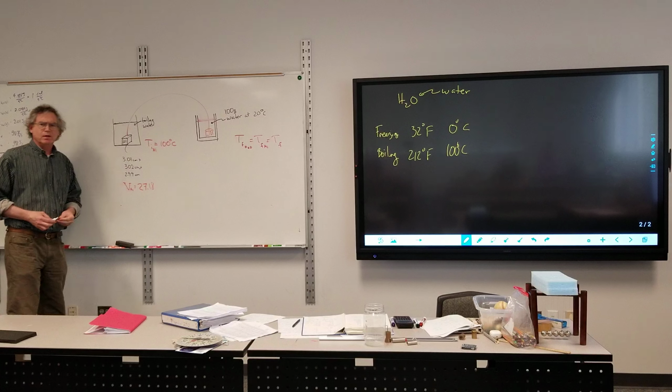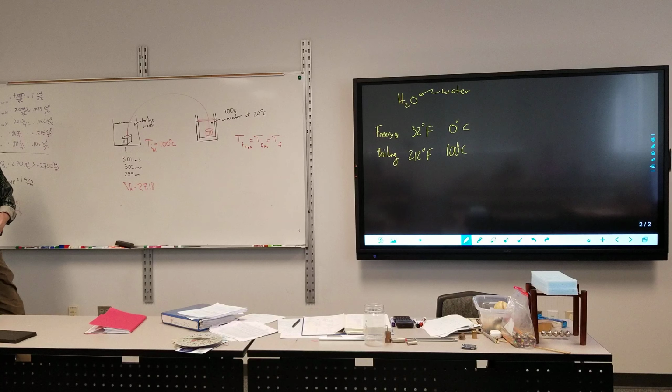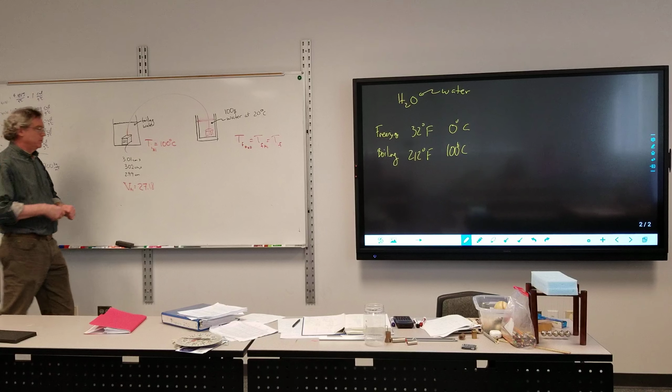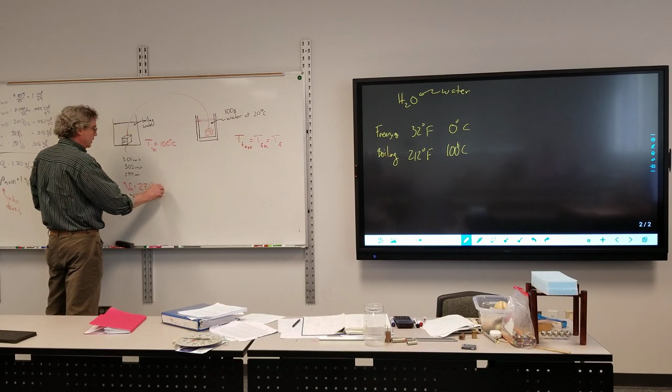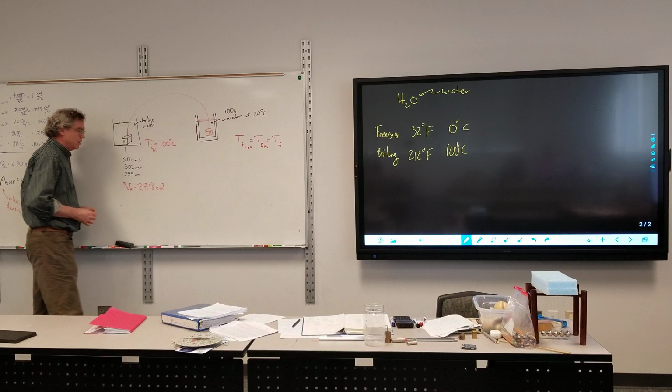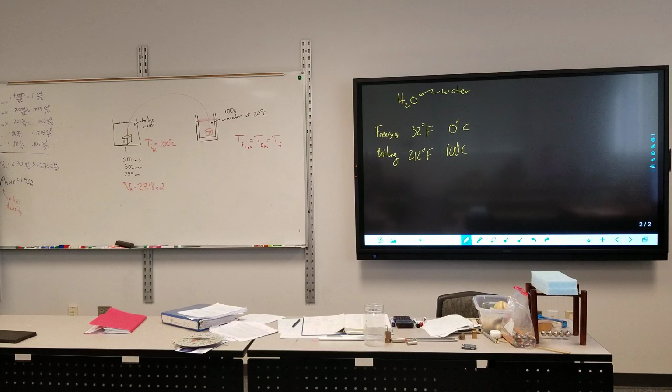What would the units be? For volume? Centimeters cubed. How many centimeters did you multiply? Three, so cubed. So 27.18 cubic centimeters.